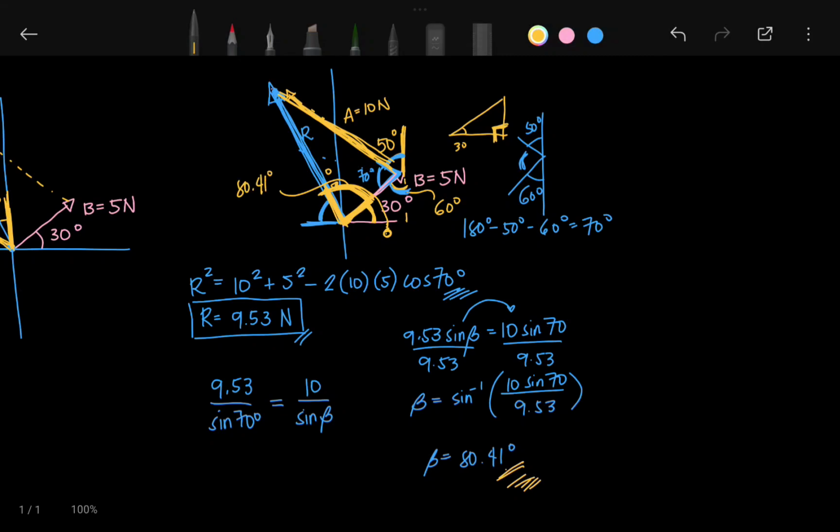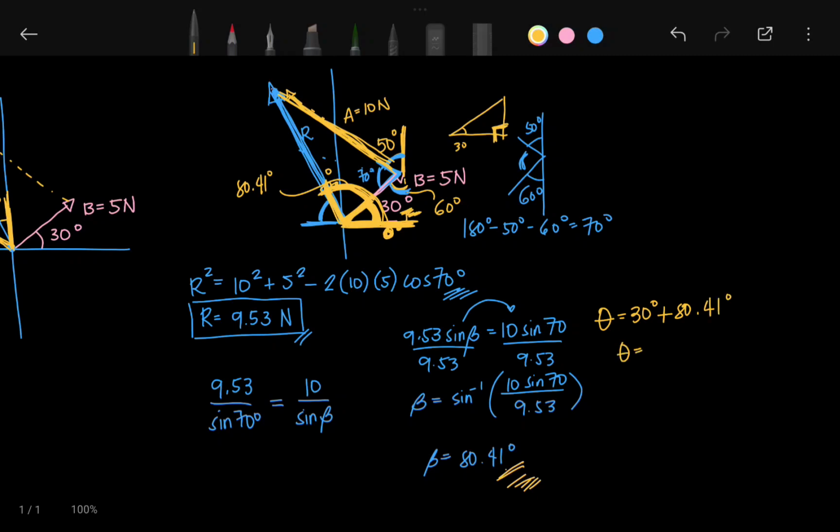So this is the 80.41 degrees. What we're looking for is from the 0 degree angle, from this side to the resultant. How much is it? It's written as 30 degrees. Therefore, the direction of my resultant, theta, is actually 30 from the origin plus the 80.41 degrees we found.